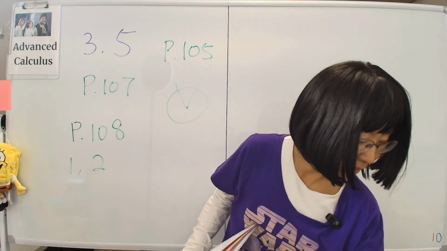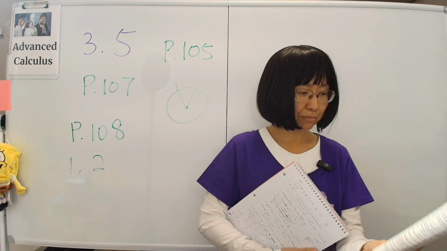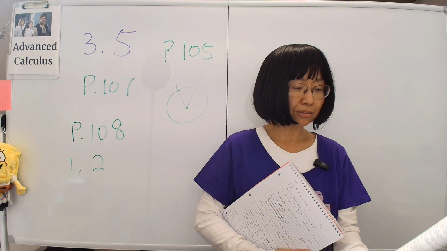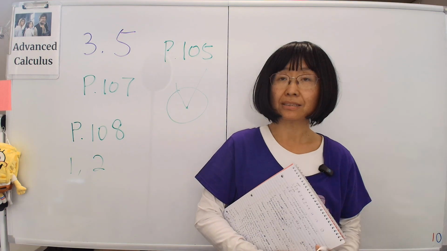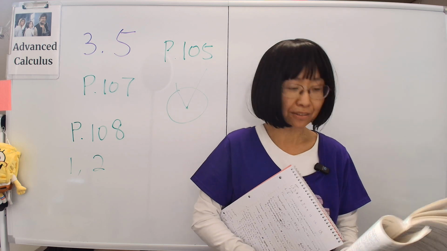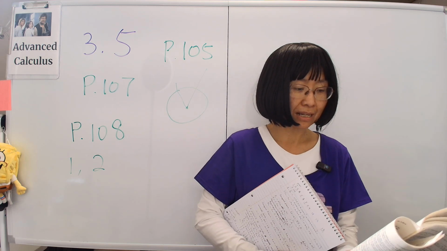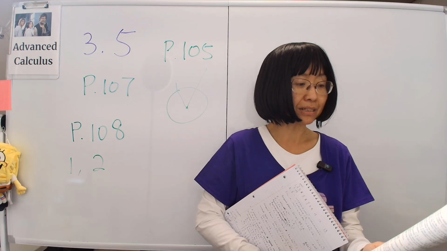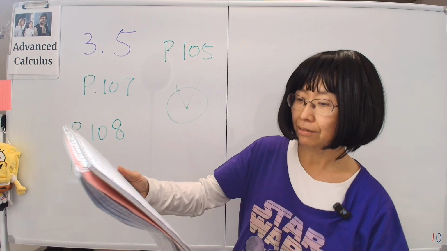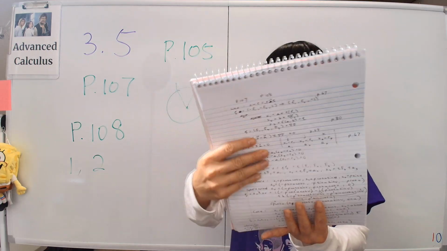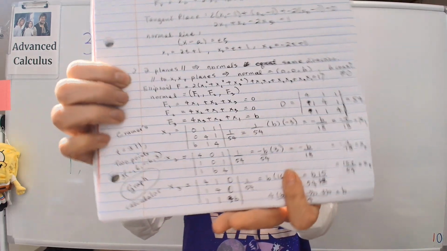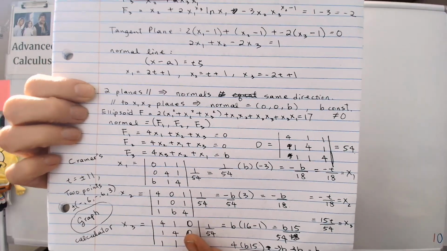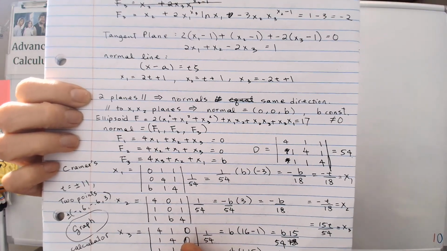That's problem 1. Now problem 2 asks when the tangent plane is parallel to something. In other words, when does the tangent plane have a certain value, that is, the normal has a certain fixed value. First, two planes are parallel if their normals point in the same direction, in other words, the unit normals are equal.